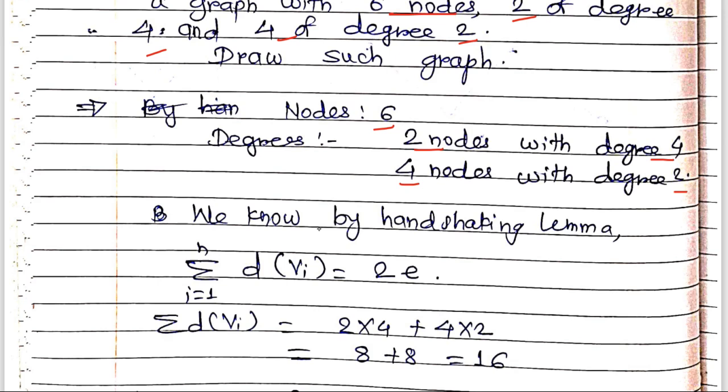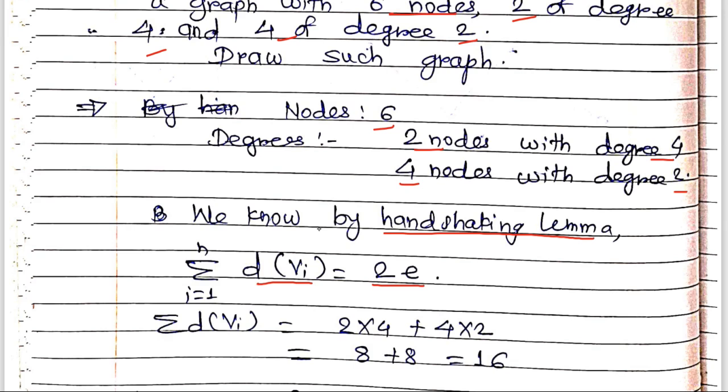By the handshaking lemma, which we have seen in previous videos, the summation of the degrees of all the vertices of a graph is equal to twice the number of edges. Here we know the degrees of all the vertices.